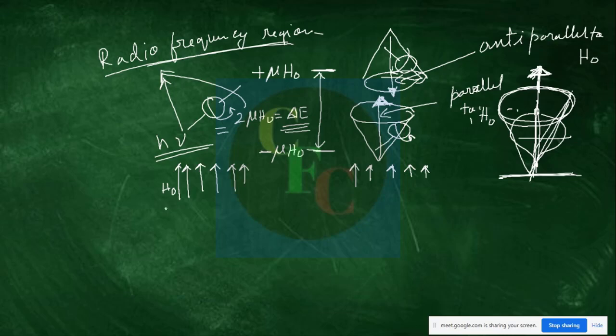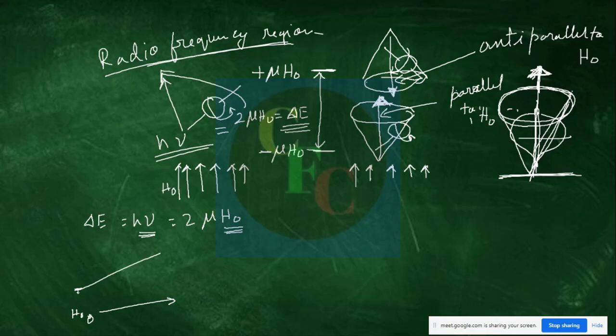But in this case, as you can see, this energy gap is proportional to this external magnetic field, right? That means, suppose when H0 is 0, there is no splitting, and as you increase it, this splitting increases.